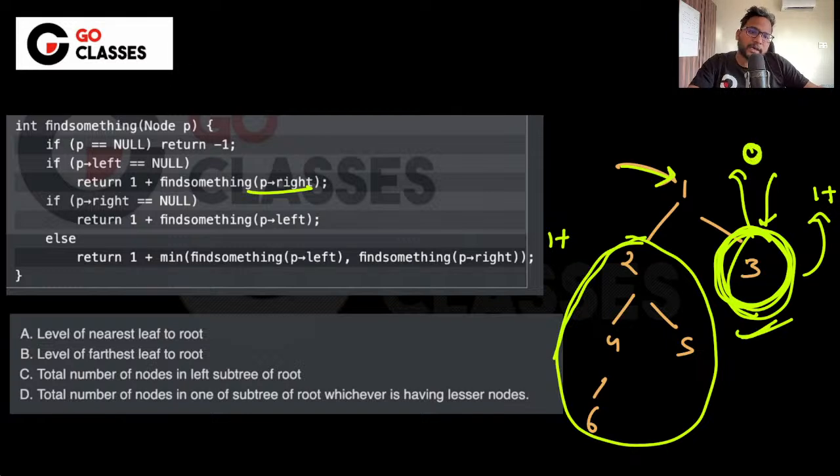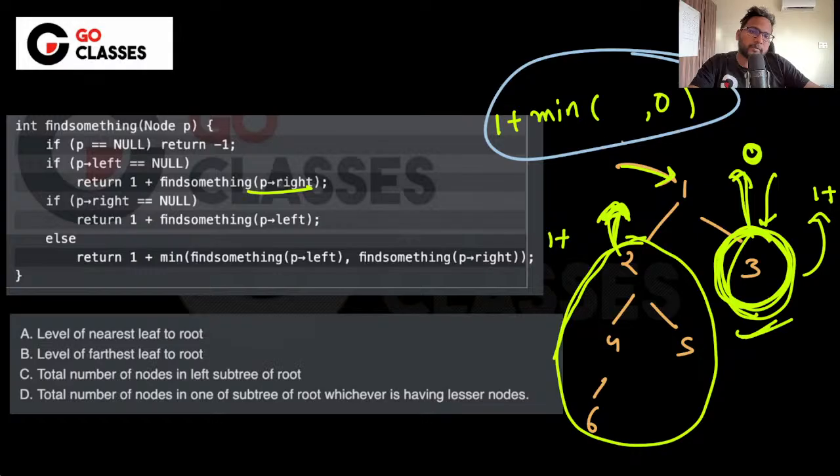Basically it will be returning 0, and then most probably something extra, more than 0. Then most probably the answer will be 1 plus the minimum of something like this, right? So 1 plus minimum of this, it will be basically 0, then it will be 1 only, right? So for this particular node I'm getting 1. Okay, I will be executing this, don't worry, but for this particular node most probably I will be getting 1.